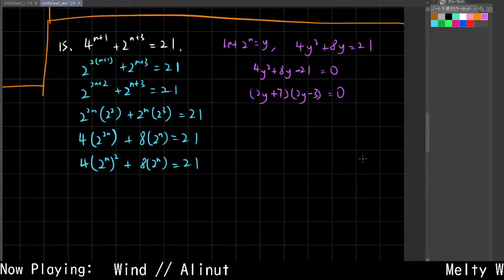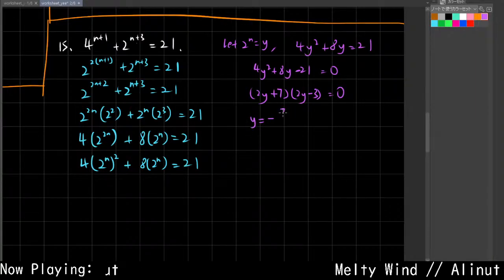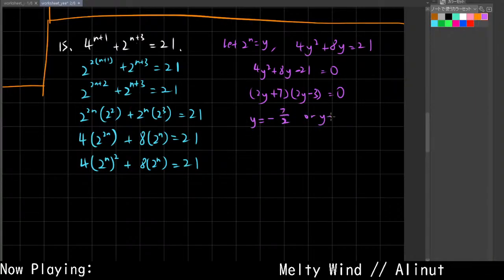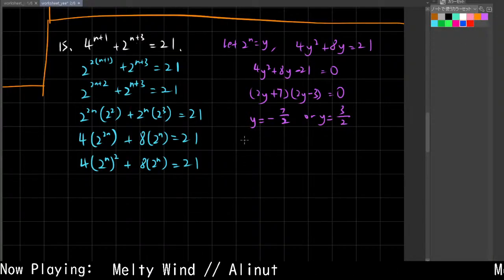That's 40 minus 6, 8. Then substitute back in, because you want n in the end.